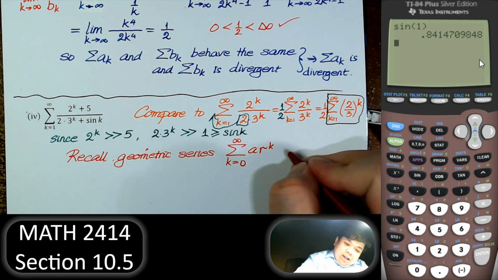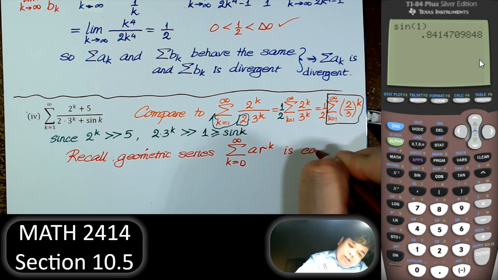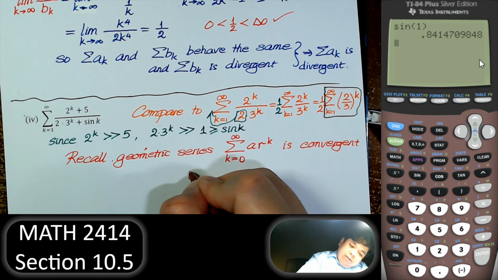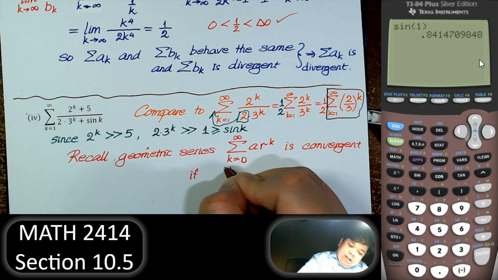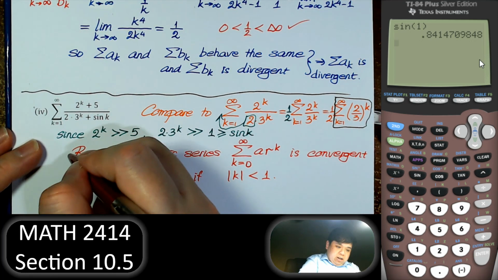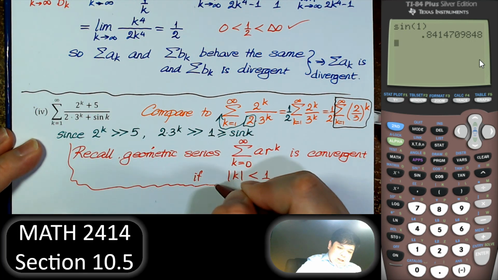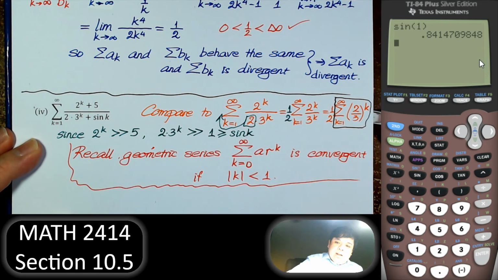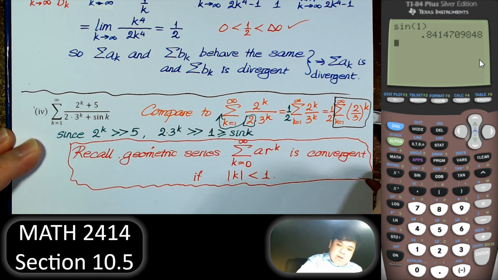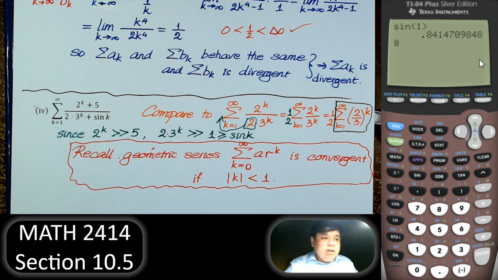And this is convergent if the absolute value of r is less than 1. So that's what we have. Right.